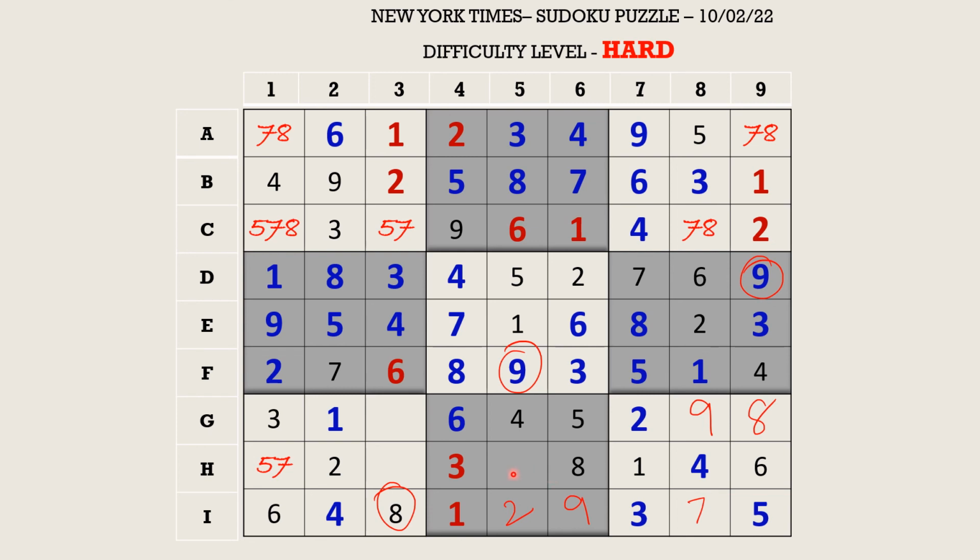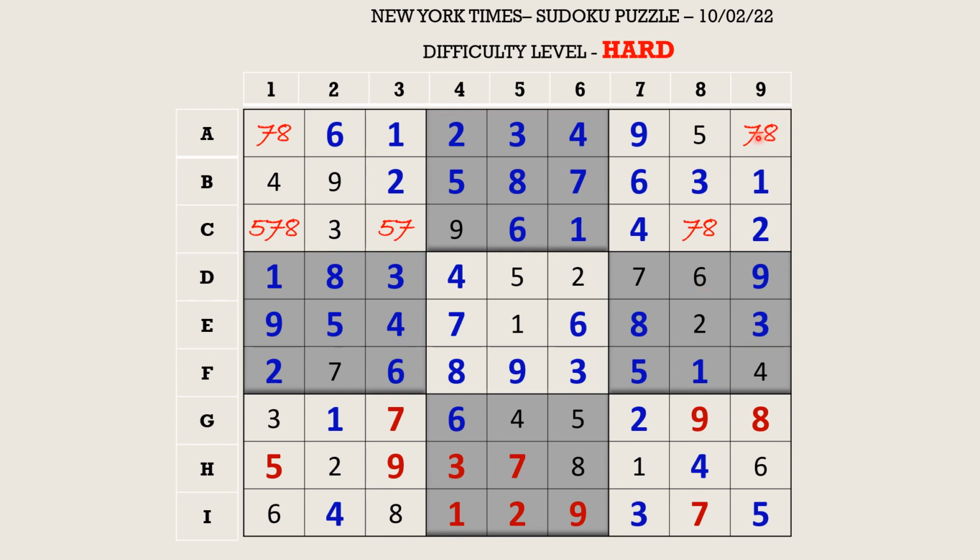The only missing number here in G row is 7. So the 7 cancels out the 7 here. This becomes 5. In this block the only missing number is 9, and in H row the missing number is 7. So we have to just crack few pairs to solve this puzzle.